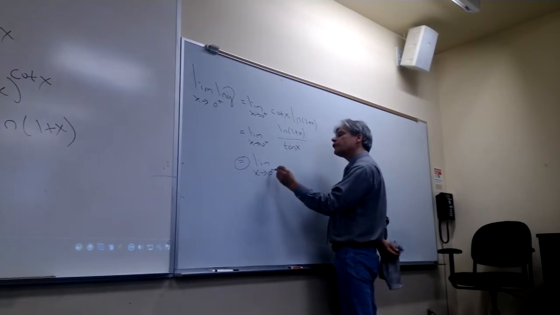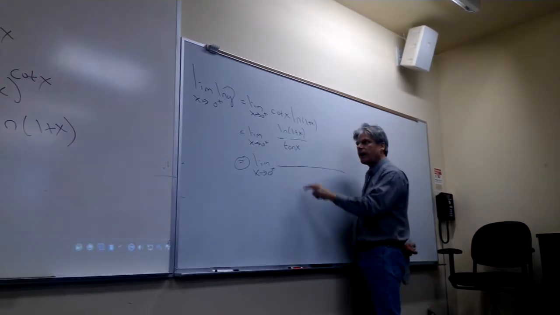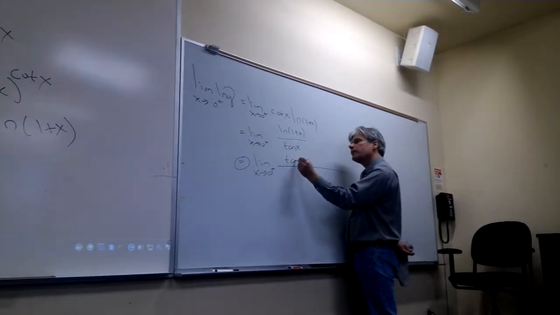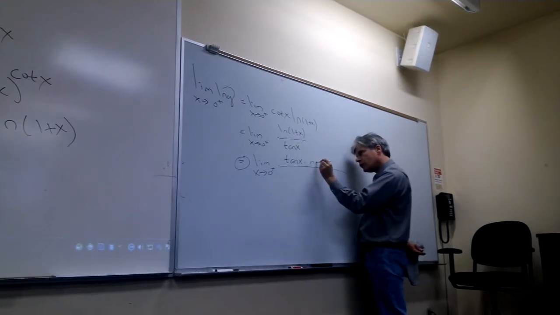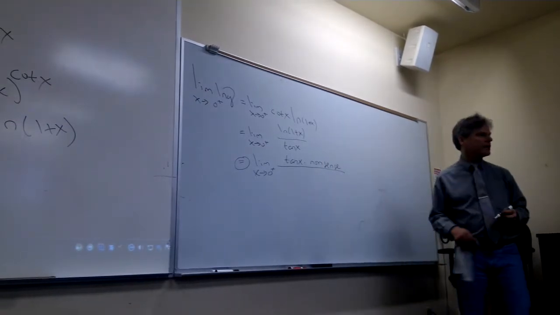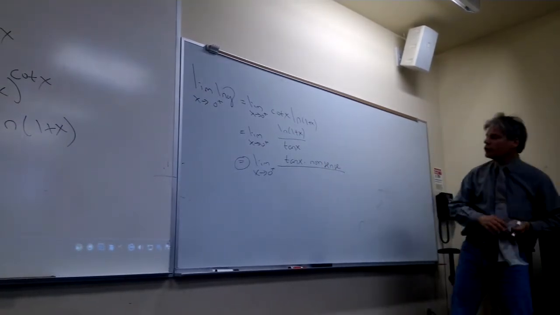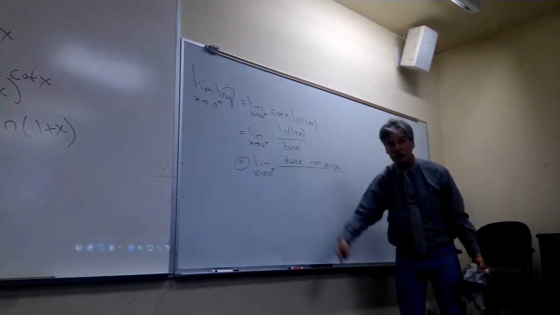As x goes to 0 from the right-hand side, help me with this, you guys. The quotient rule says I've got what's downstairs times the derivative upstairs. Why are we doing the quotient rule? I agree. But again, you guys, it's a common mistake I see. I'm applying L'Hopital's rule. You look at it and say, oh, I got a ratio, but I'm not really differentiating the whole ratio using the quotient rule.